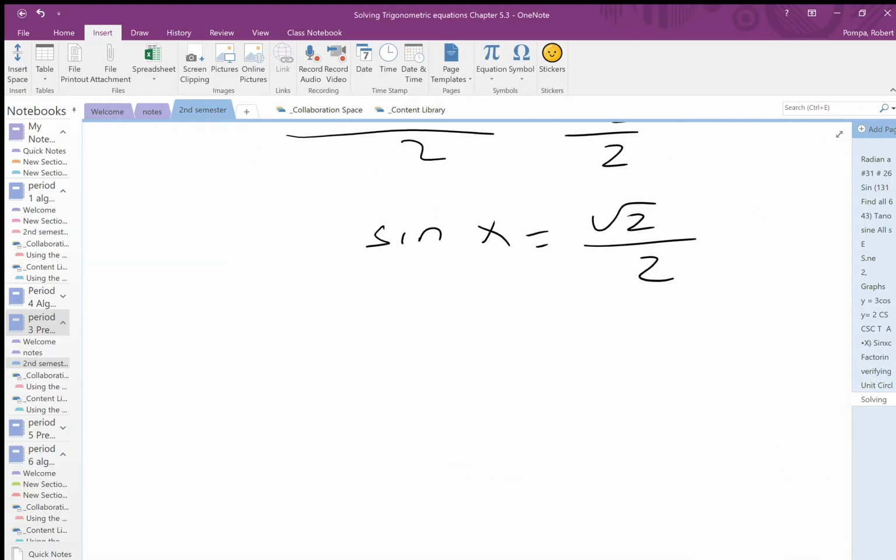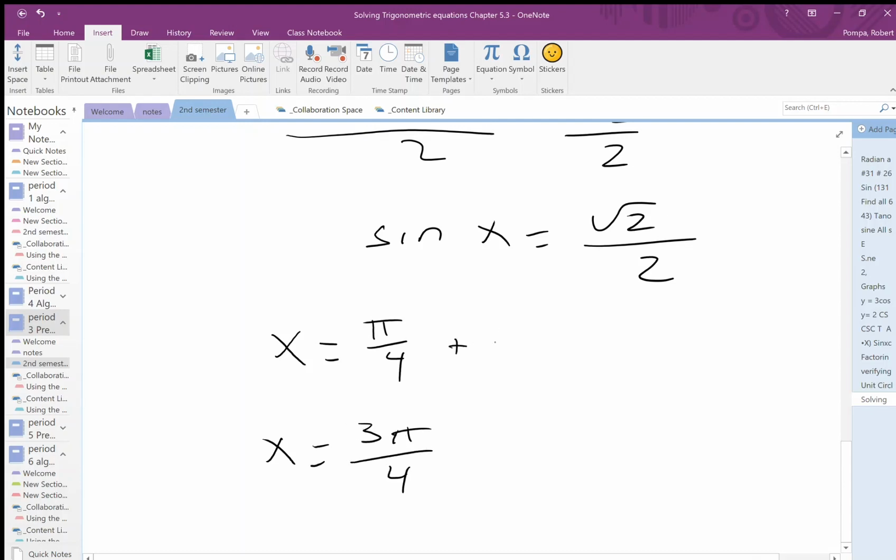So, x equals pi over 4, x equals 3 pi over 4, and then don't forget to add our 2n pi. Okay, those should be simple.